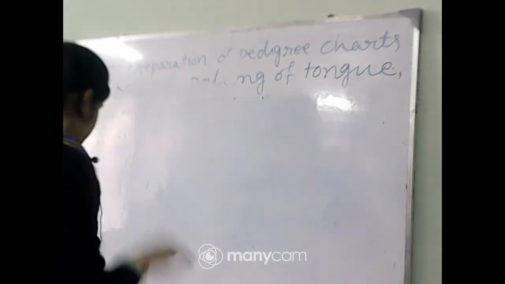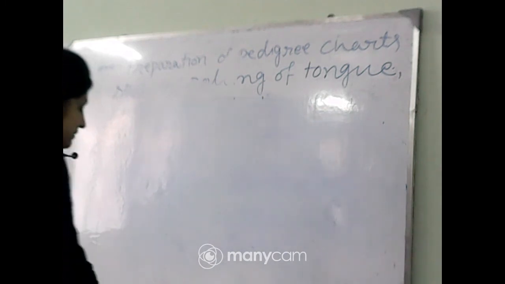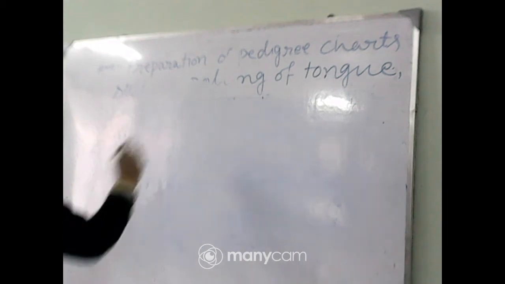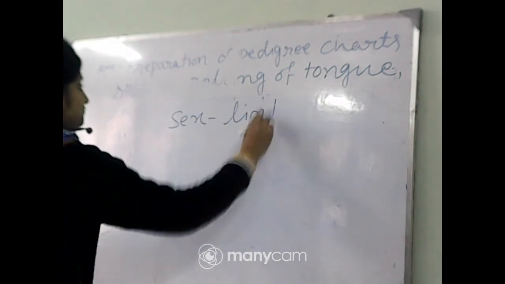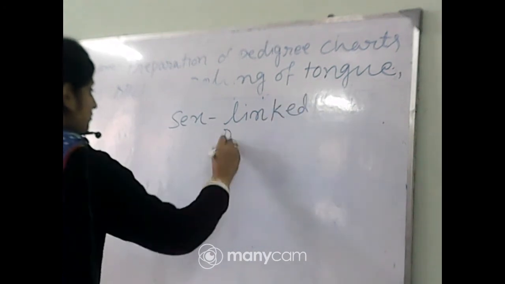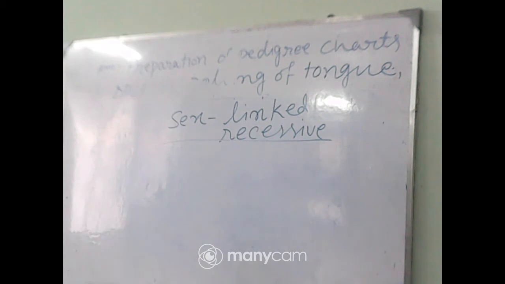Next, that is sex-linked recessive, sorry. Color blindness is the sex-linked recessive. What are the characteristics of the sex-linked recessive?